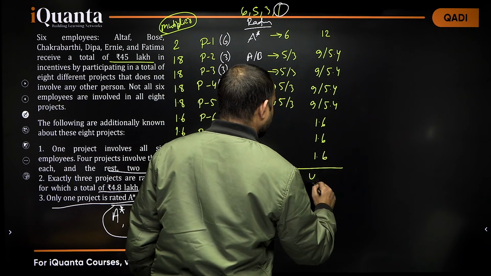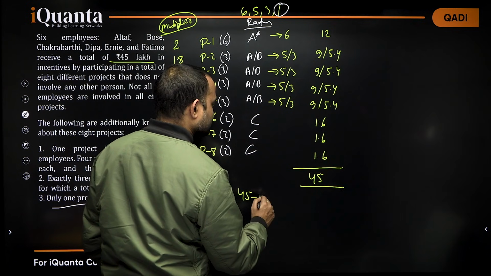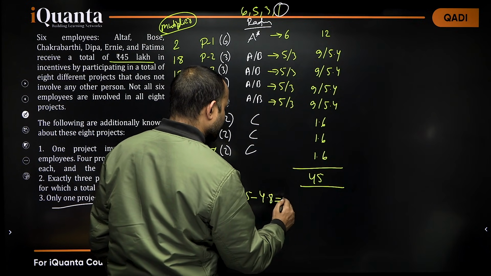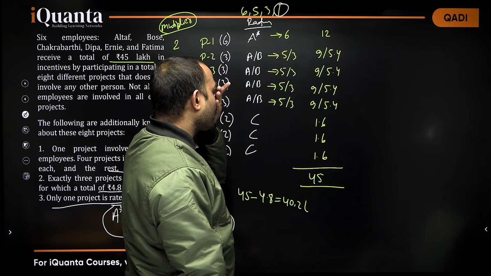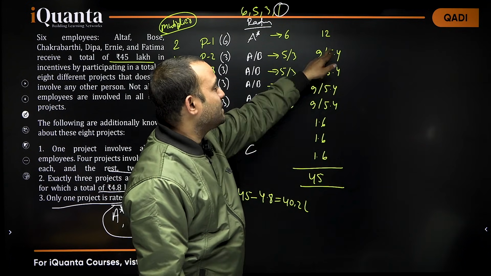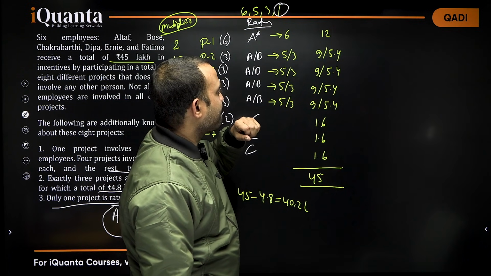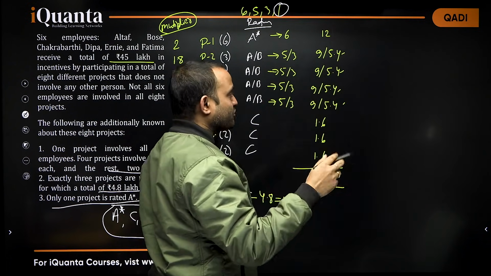The total should be 45. So if I subtract, 45 minus 4.8, we are going to get 40.2 lakhs. Now how can we achieve 40.2? Let's see. If I take all of them at the minimum, it will become 21.6, plus 12.